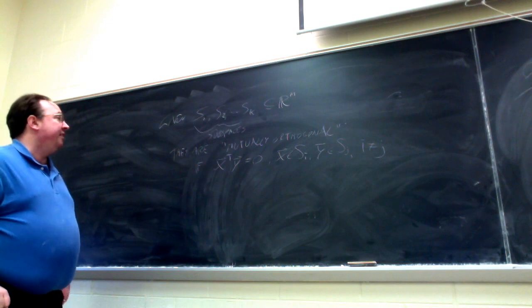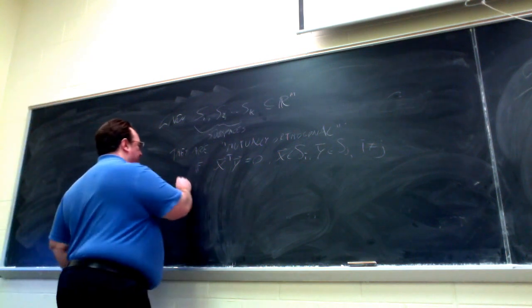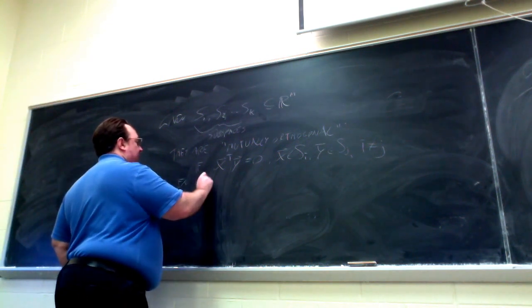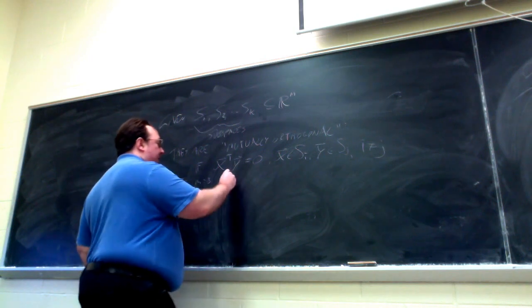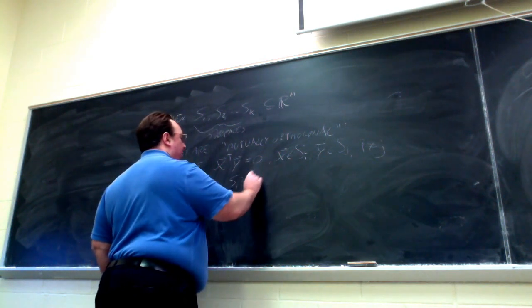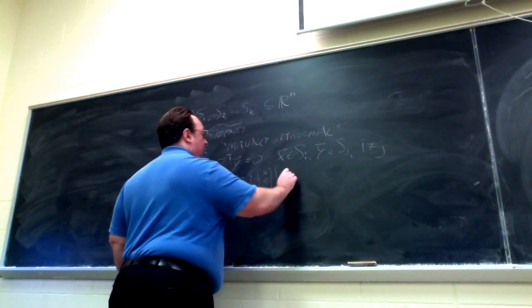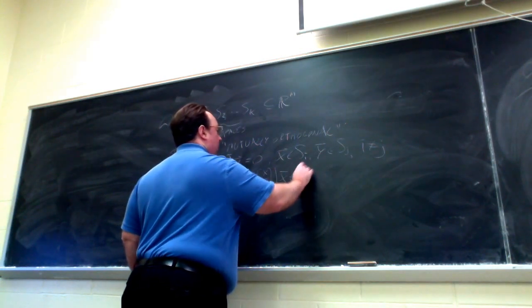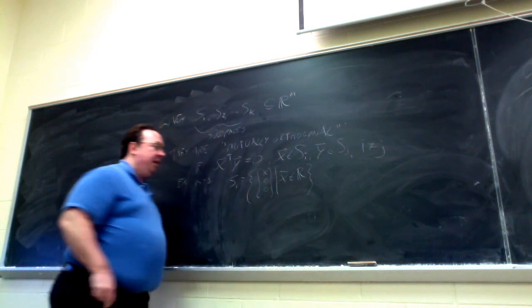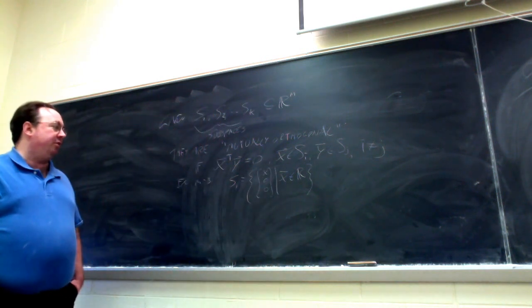So as an example, I'll let n equal 3. I could define S1 to be the set of all vectors of this form: first component x, and the other two components are 0.